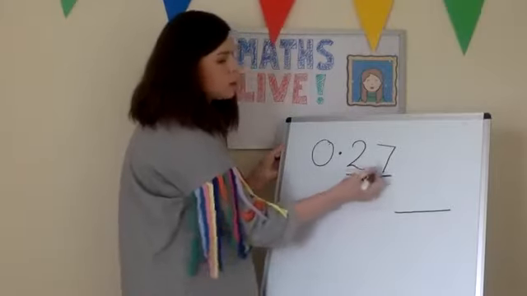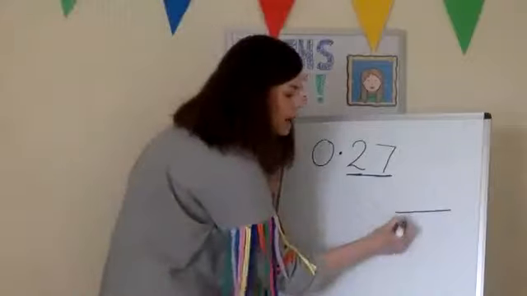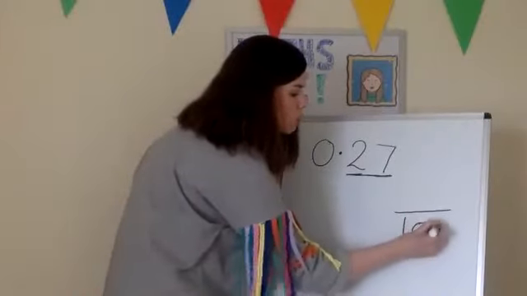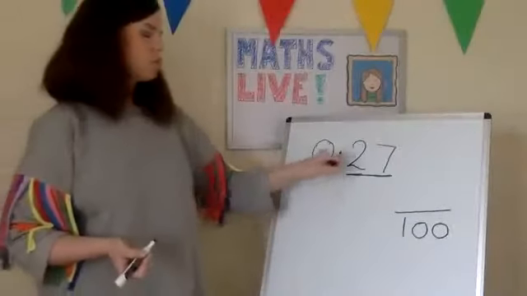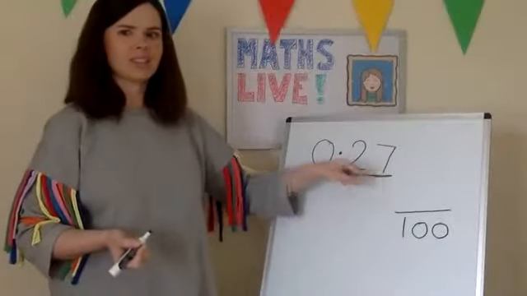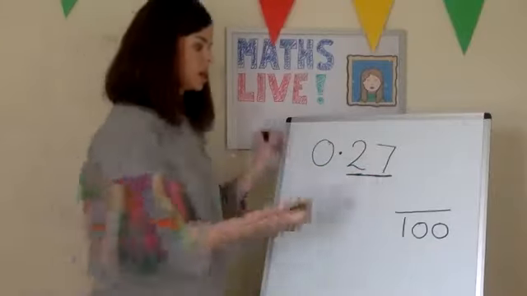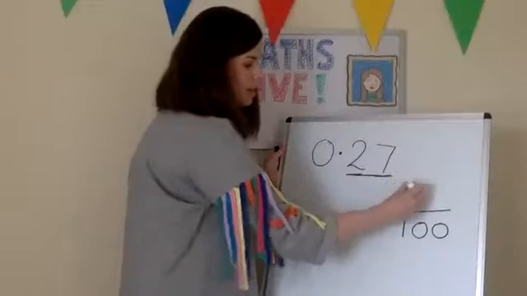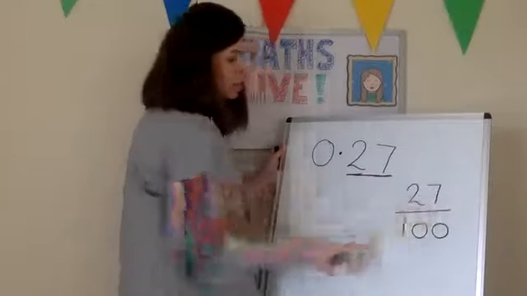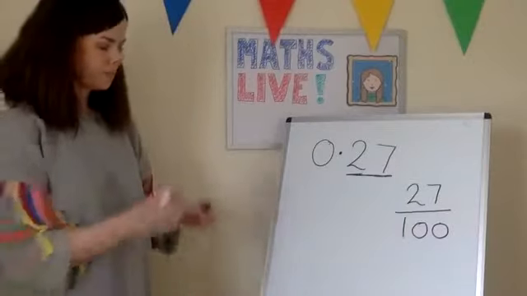Now, because I'm in my hundredths as well, my denominator has to be out of 100. Because if you've got 27 tenths, that doesn't really work. So it goes into the hundredths. So because it goes into the hundreds, can you see that it'll be then 27 out of 100?